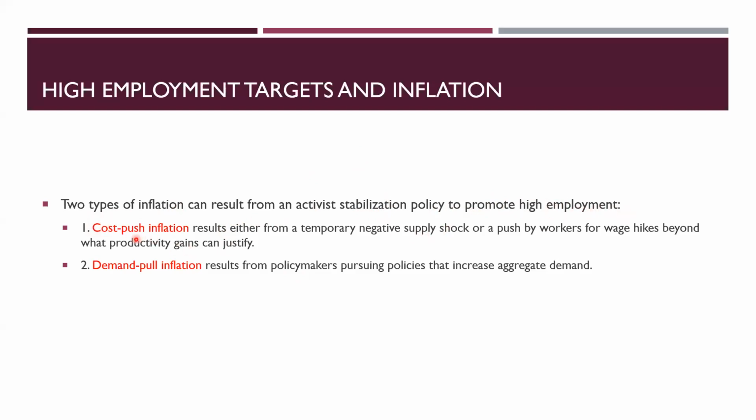Number one, we have cost push inflation, which results either from a temporary negative supply shock or a push by workers for wage hikes beyond what productivity gains can justify. Remember, in economics, if there is a supply shock, like an increase in oil prices, it affects the cost of production and pushes inflation upwards. Two, workers through their unions push for wage hikes that are beyond productivity gains.